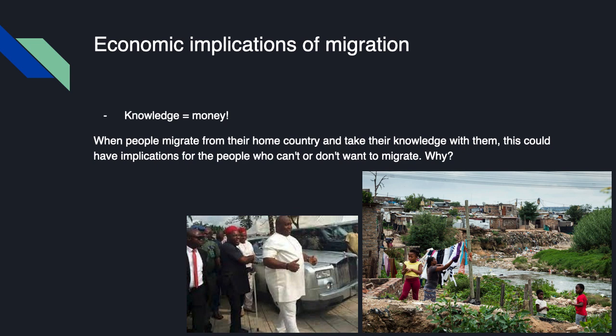There is a big difference between the rich and the poor, and this will continue because the knowledge has actually migrated out of the country. And of course this has implications for the economic structure in a country.